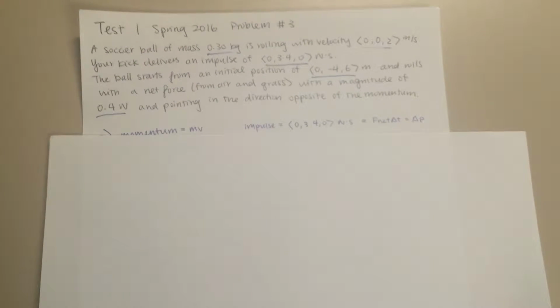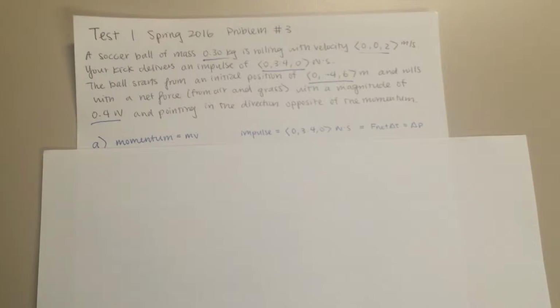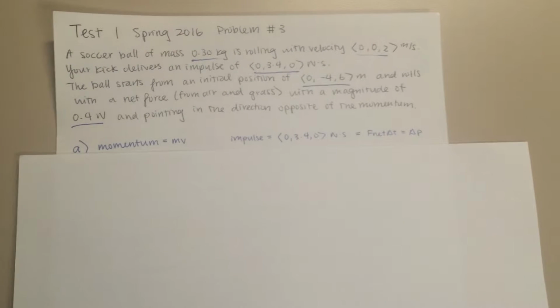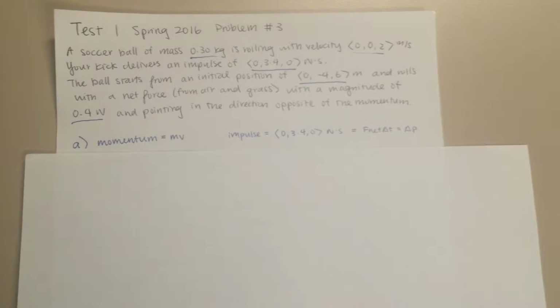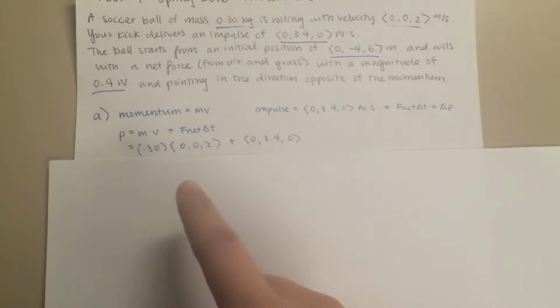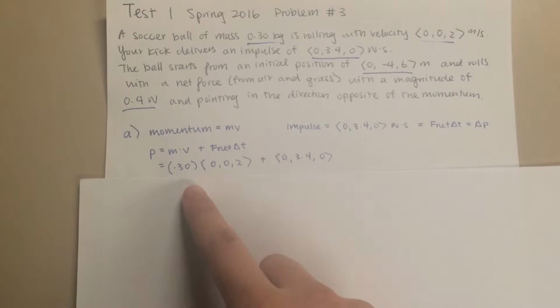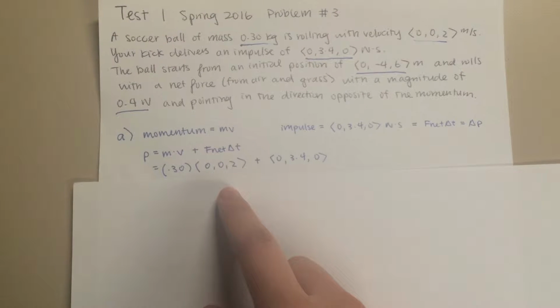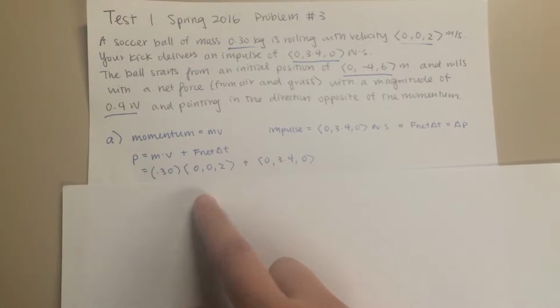So part A of the question is asking for the total momentum. Well, momentum is equal to mass times velocity, and we have both of those. So the mass times velocity is the 0.3 kilograms times the 0.02 meters per second.